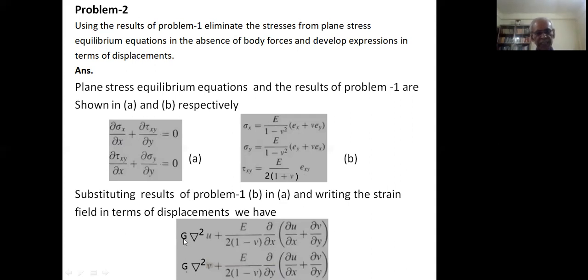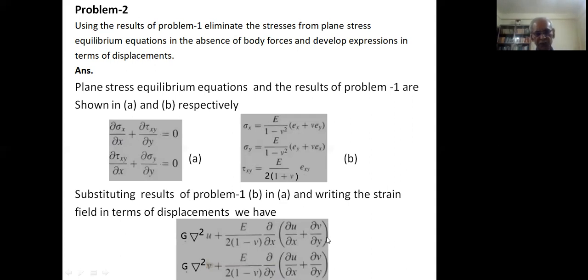And G is the shear modulus, and Laplacian U plus this will be equal to 0. There is something missing here. This will be equal to 0.